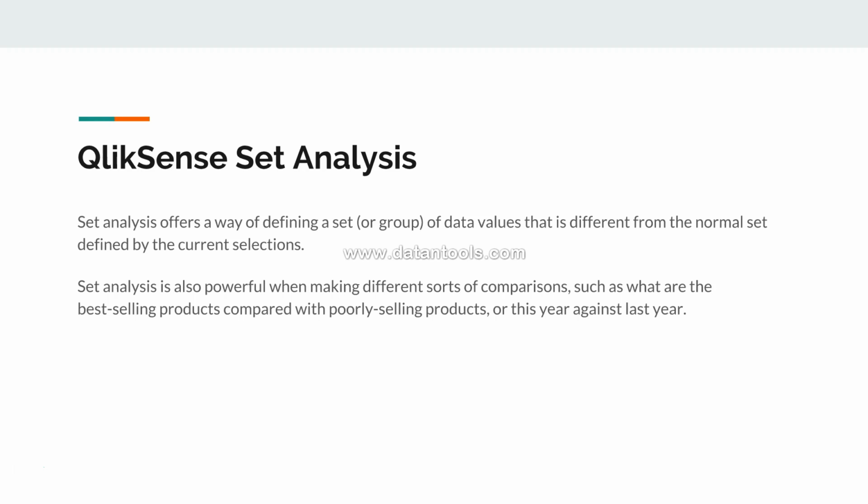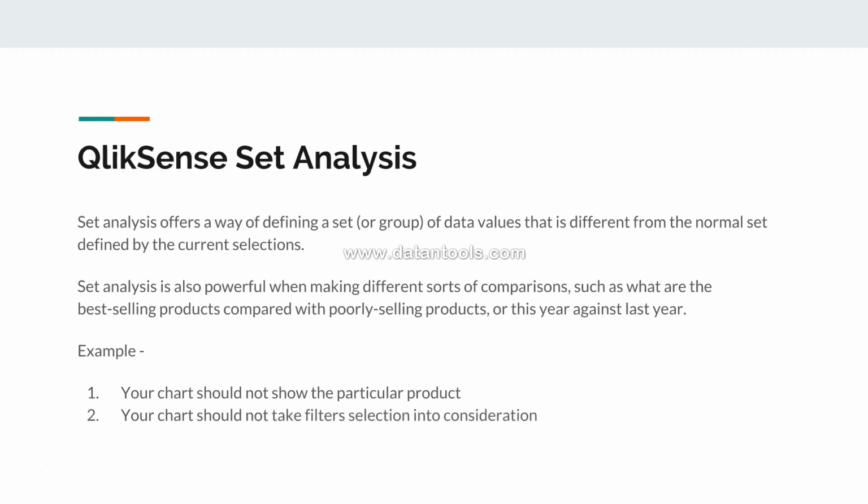A couple of other examples that we can see. For example, your chart should not show a particular product. You have products for furniture or technology, but you want your chart to not display the values for furniture. Well, in that case, you can use set analysis and modify your expression.